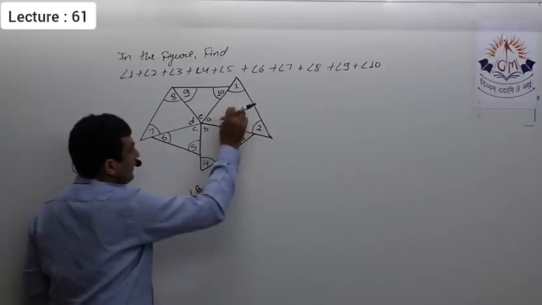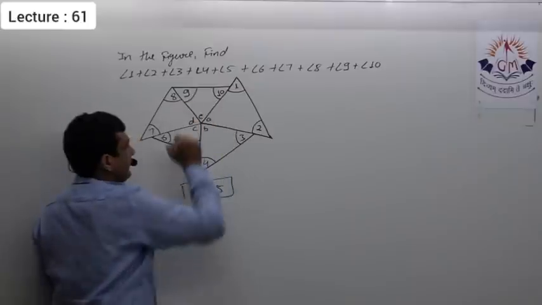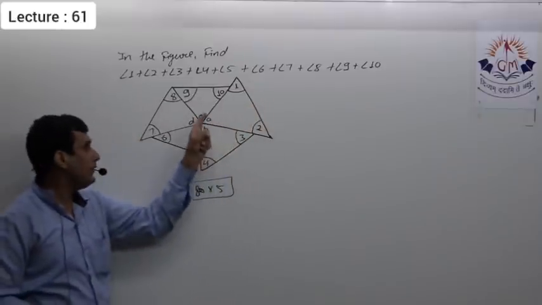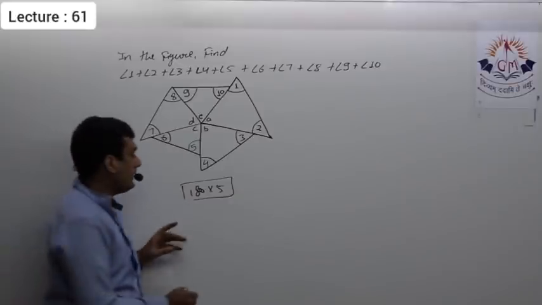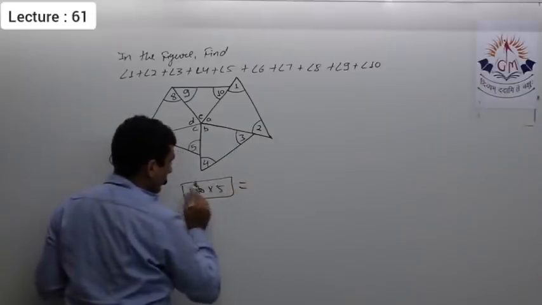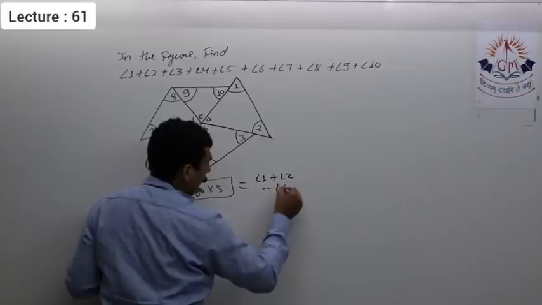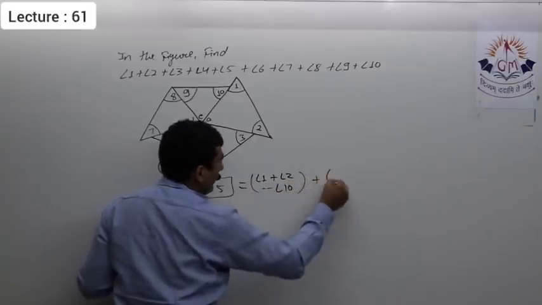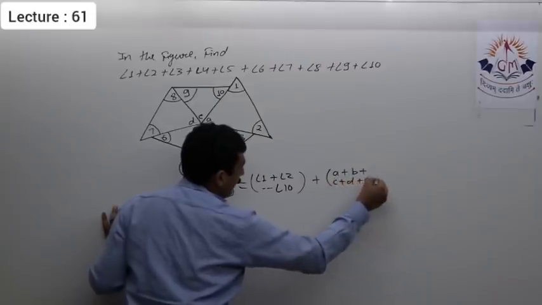So as there are 5 triangles, so I can say sum of all the angles 1 to 10 as well as A to E is 180 into 5. But what we have to find, only this. So I can say this 180 into 5 is equal to angle 1 plus 2 up to angle 10, as well as I can say this is A plus B plus C plus D plus E.